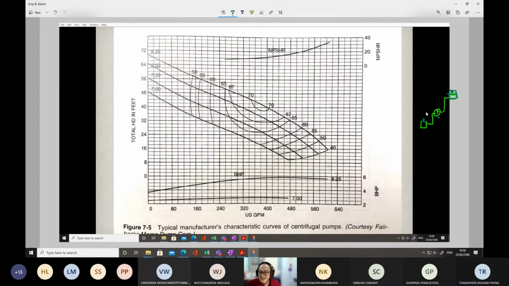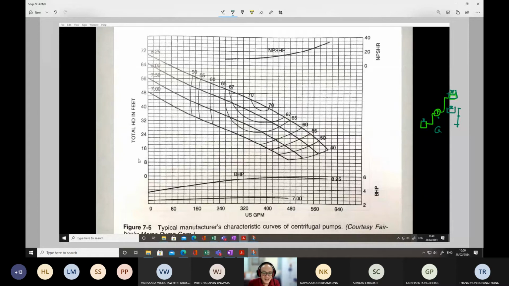So if we want to pump water from the lower reservoir to the upper reservoir, if we want larger flow rates, you cannot keep the water level difference high. Okay, I'm talking about the total head that the pumps can actually carry the water, with respect to the flow rates the pumps can carry.